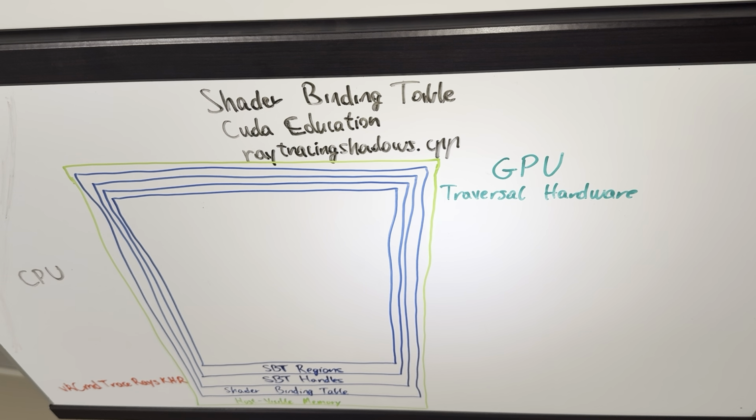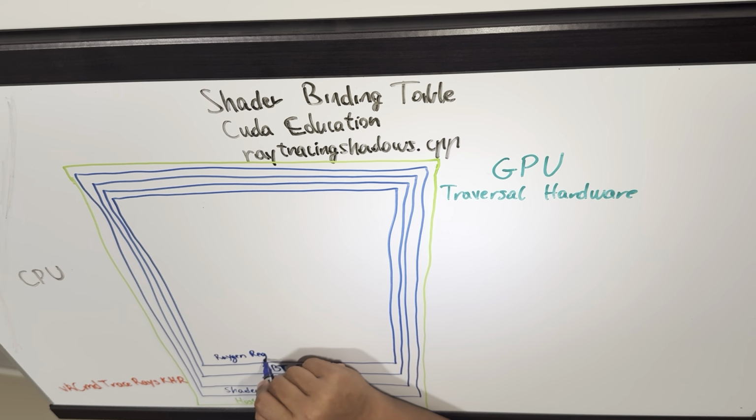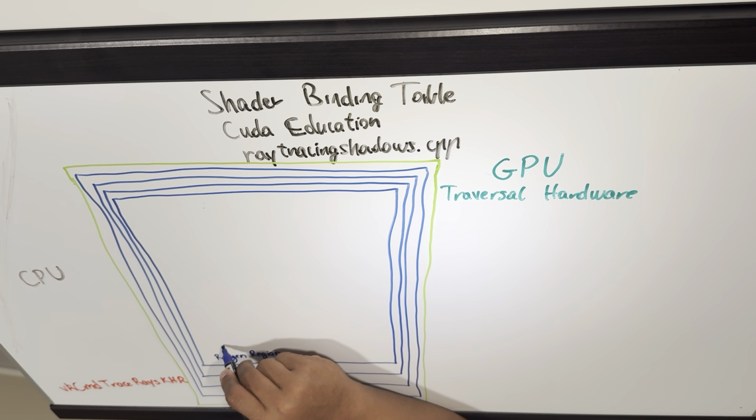we have different regions. So we have a region, and then within the region we have a shader group.